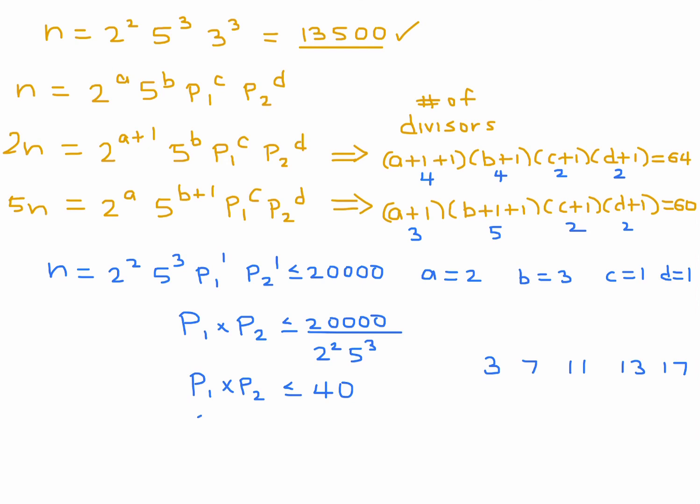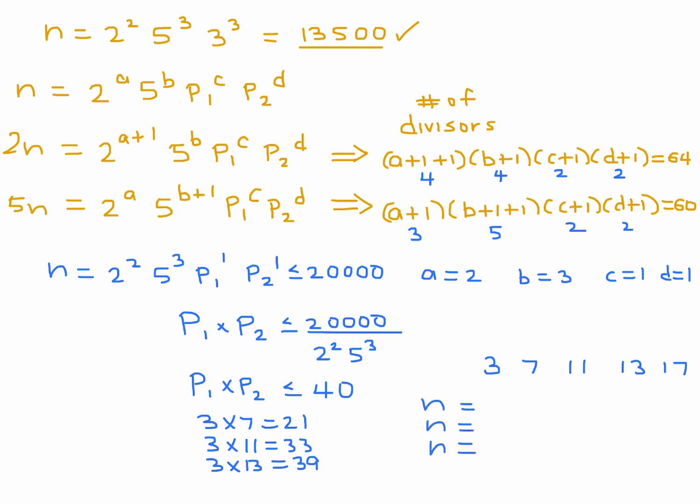Well, I can use 3 and 7, that's 21. 3 and 11, that's 33. 3 and 13, that's 39. And I think that's it. After that, we would run out of ways of making two prime numbers multiplied together to be less than 40.